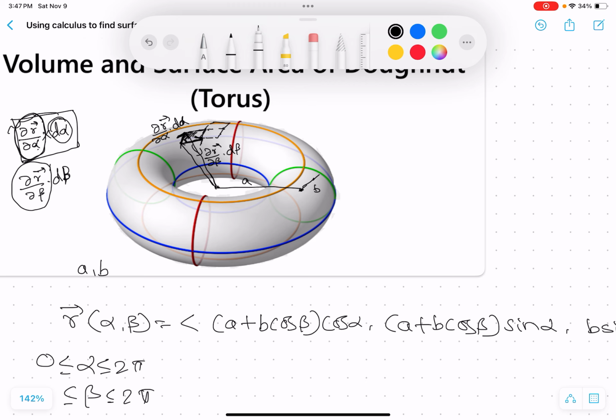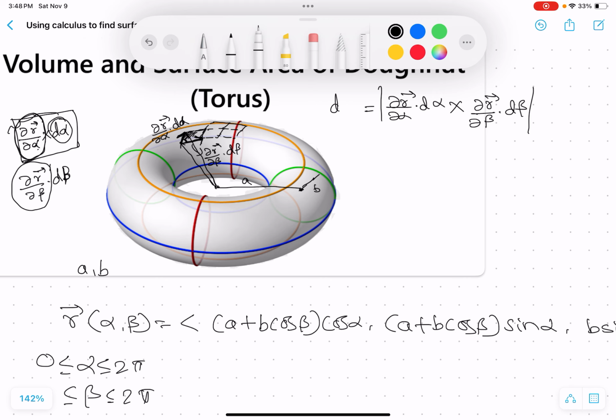To find that area, we can take the cross product of these two vectors and find its magnitude. Note that we cannot just multiply d alpha and d beta, because this is not a rectangle where the vectors are perpendicular to each other. It's not necessary that d alpha and d beta be perpendicular to each other. So we find the cross product and take the magnitude to get the small surface area element.